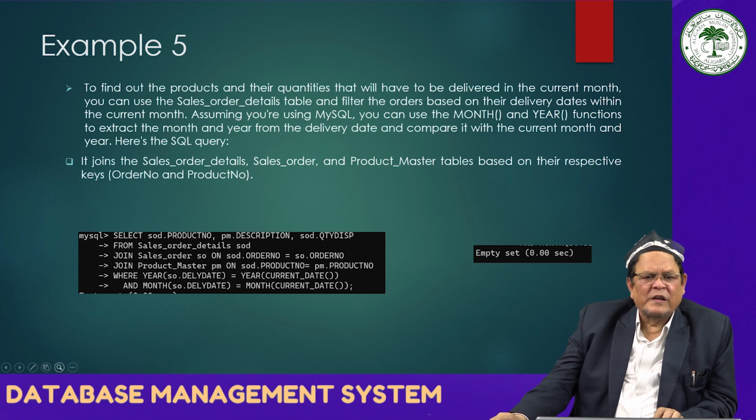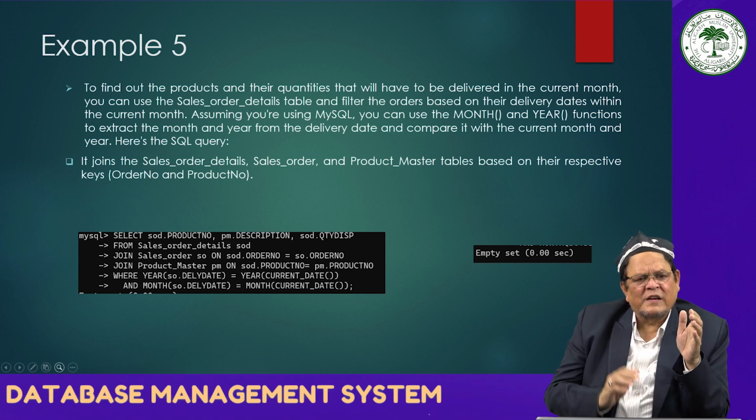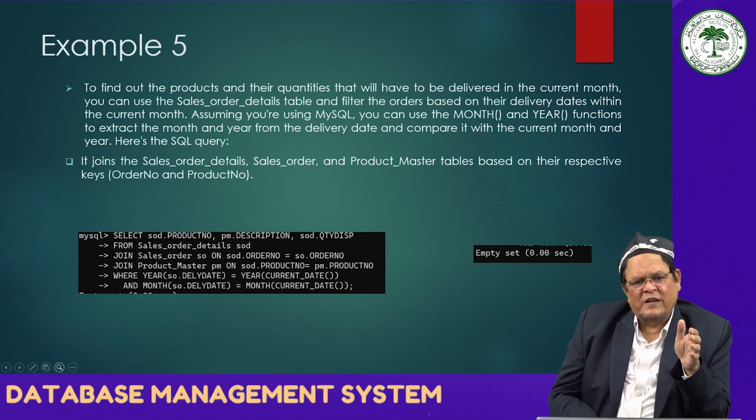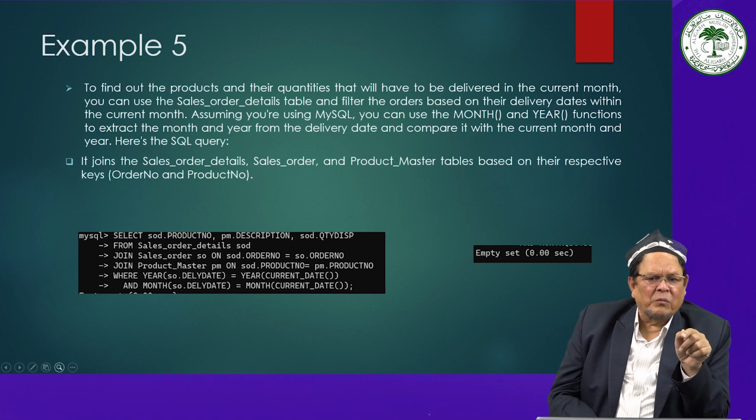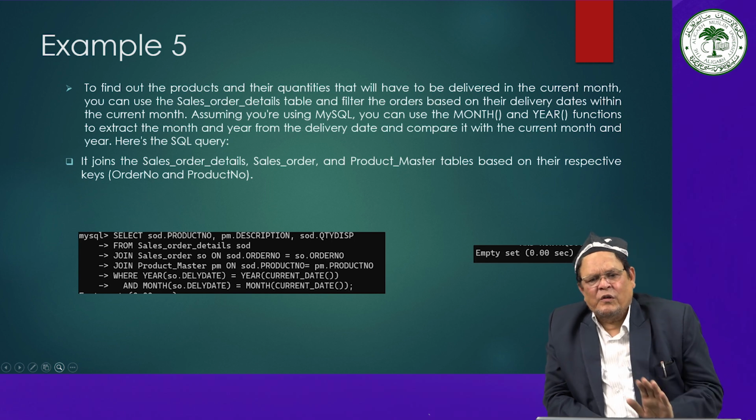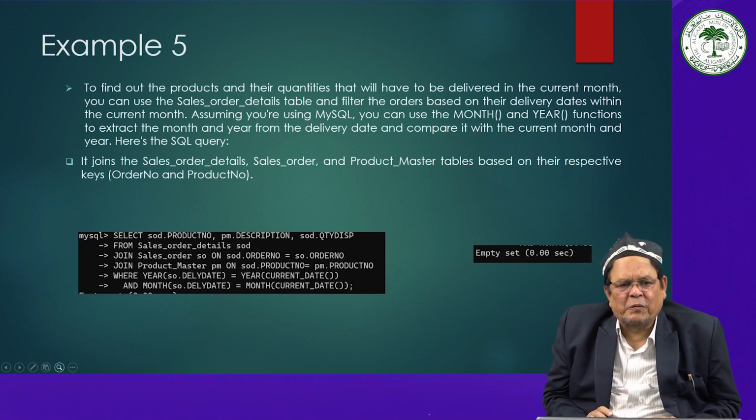When you press, it will join the sales order detail, sales order and the product master tables based on their respective keys. Keys are order number and product number. Here, an empty set will be displayed on the screen.